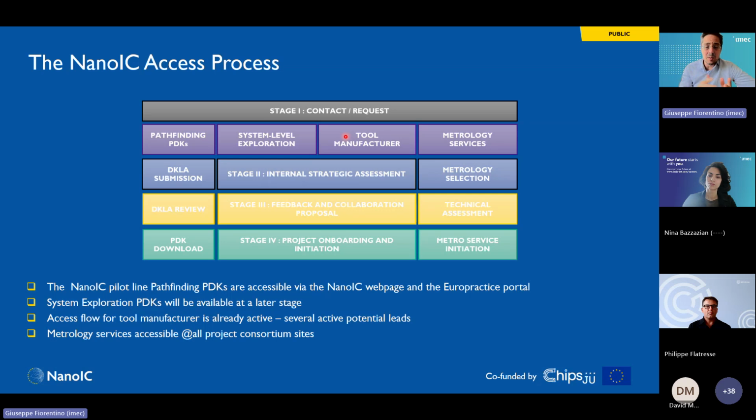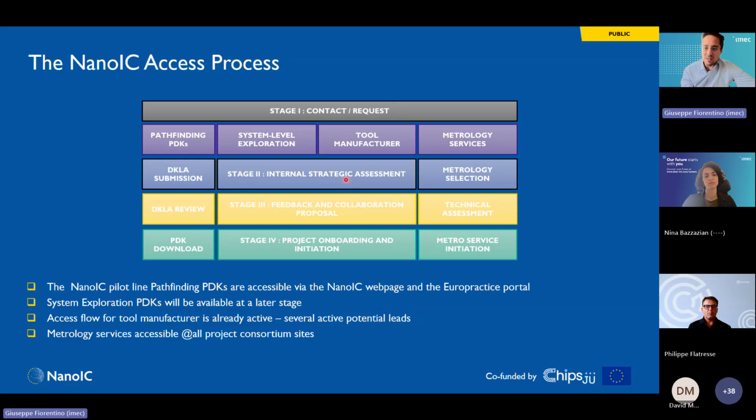We try really to build a multiple stage check with the potential user, the pilot line, and our R&D experts, who are supporting at every step of the process. So we start to create a case together. And if that goes positively, we go to stage 4, which is the project onboarding and initiation.